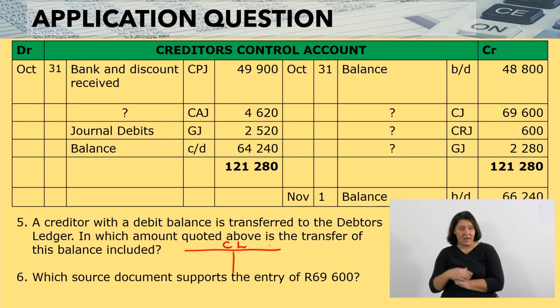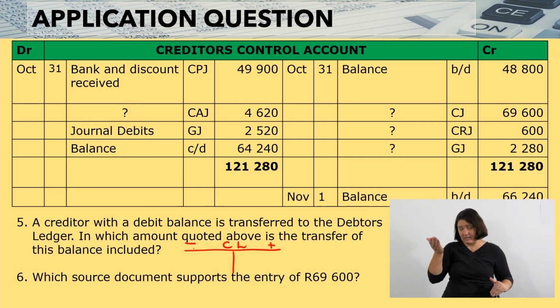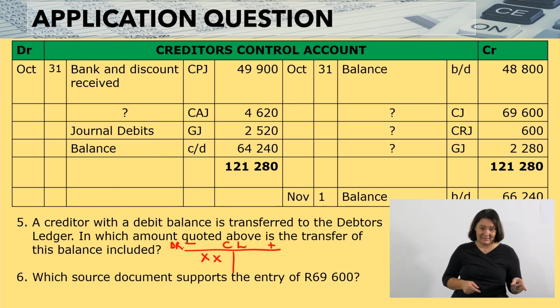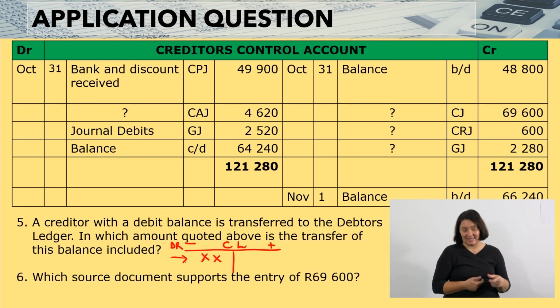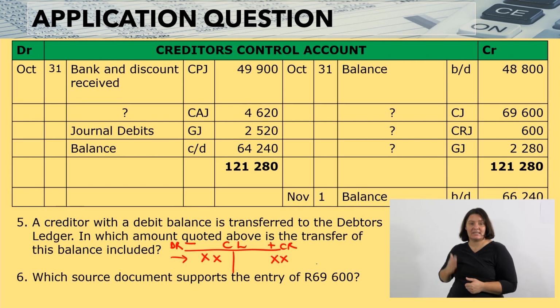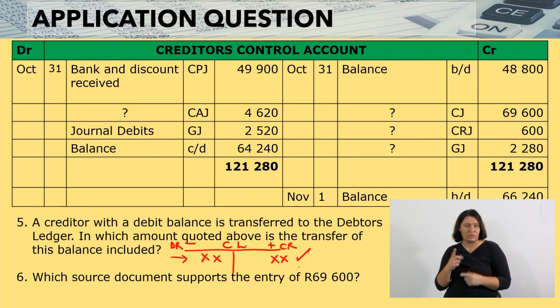And remember, it increases, it decreases. And the moment your creditor has a debit balance, the amount will appear on the debit side. A creditor with a debit balance, there is the debit balance. He must then be transferred to the debtor's ledger. For us to transfer this amount, we bring it now to the credit side. So we bring it on the credit side here. That is what we do.